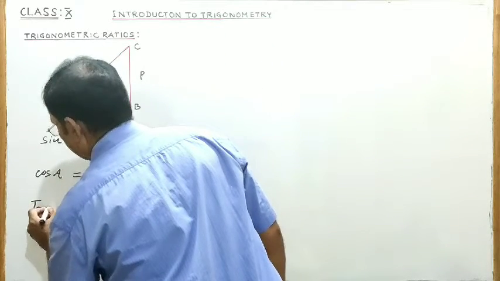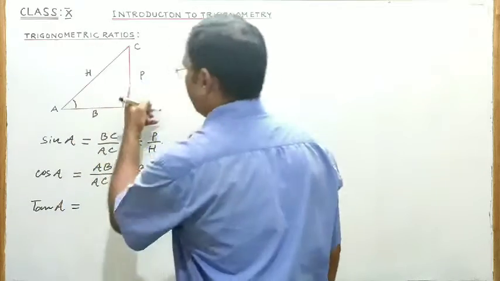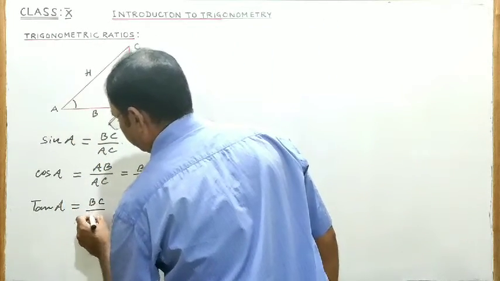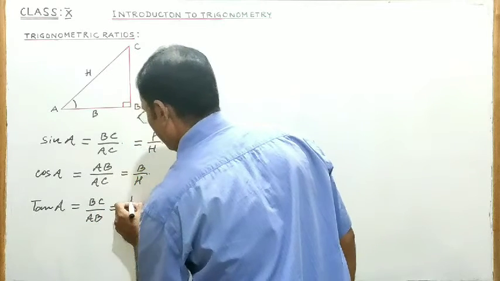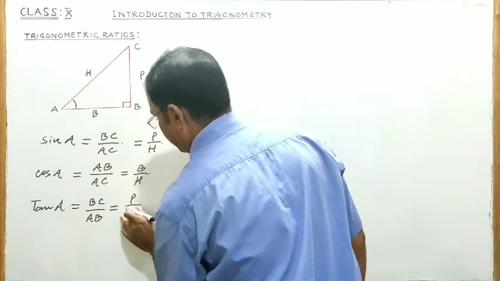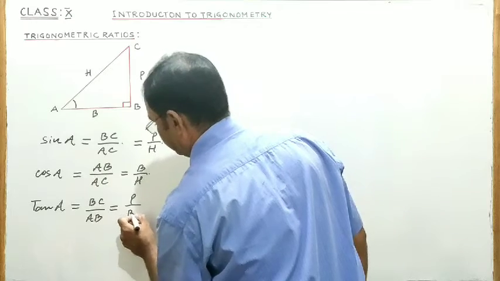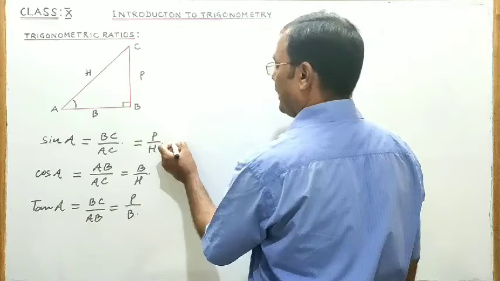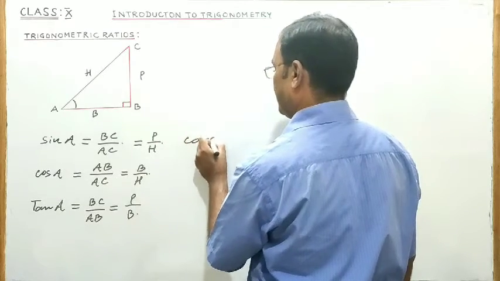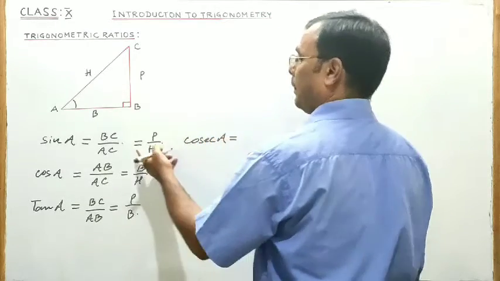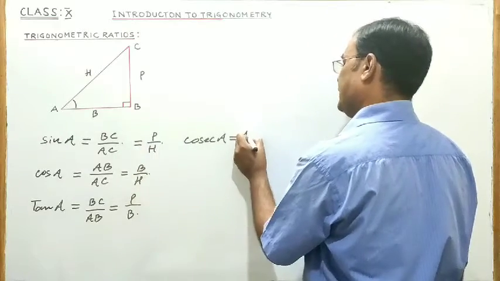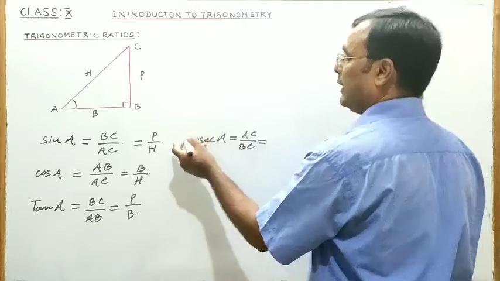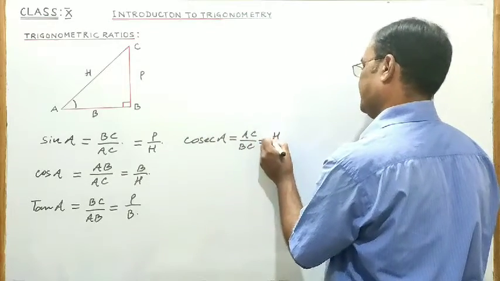Tan A is BC by AB, perpendicular by base. Reciprocal of sine is cosec. So cosec of angle A is AC by BC, you can write hypotenuse by perpendicular.